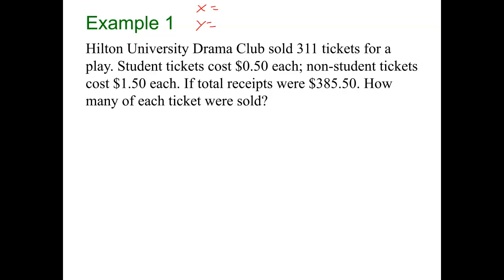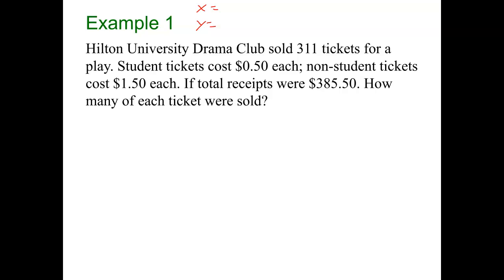Okay? The Hilton University Drama Club sold 311 tickets for a play. Student tickets cost 50 cents each. Non-student tickets cost $1.50 each. If total receipts were $385.50, how many of each ticket were sold? What does the question want us to find?